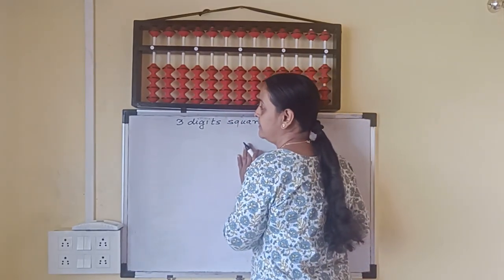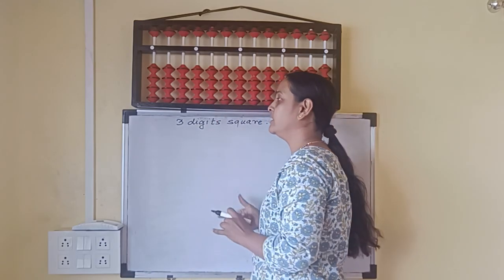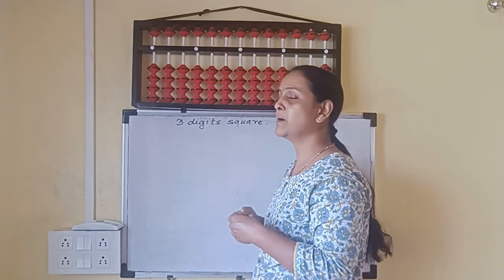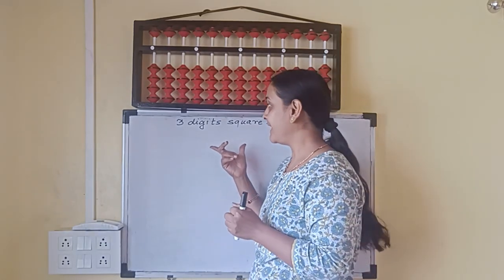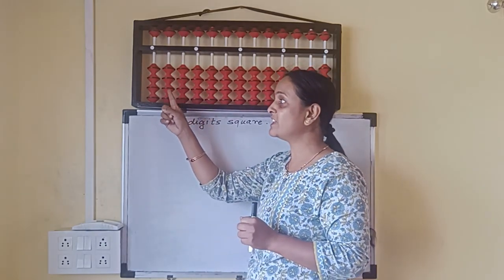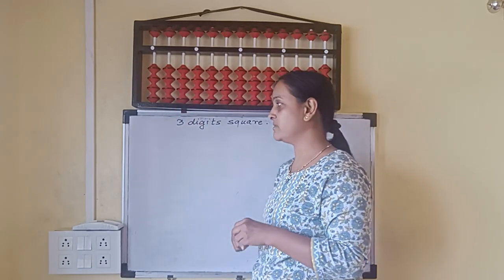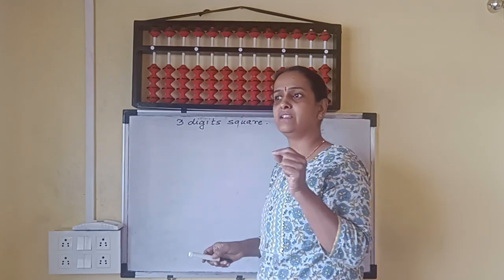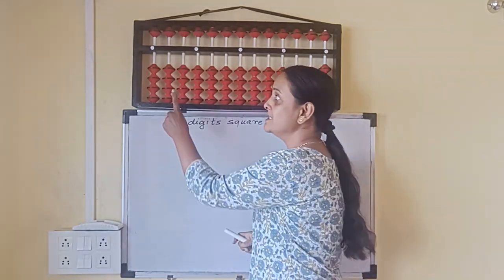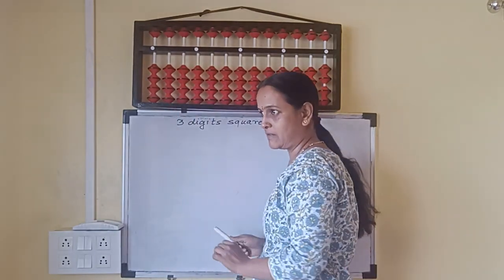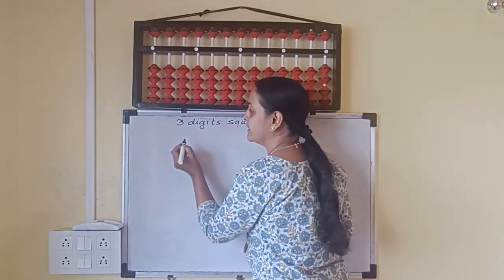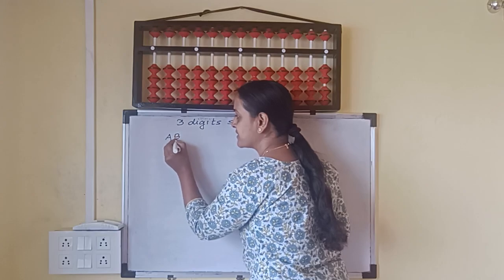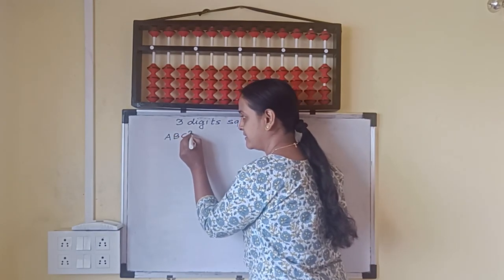When we find out any 3-digit square, always start this calculation from the sixth rod of the abacus. As we consider here, the number is ABC squared.